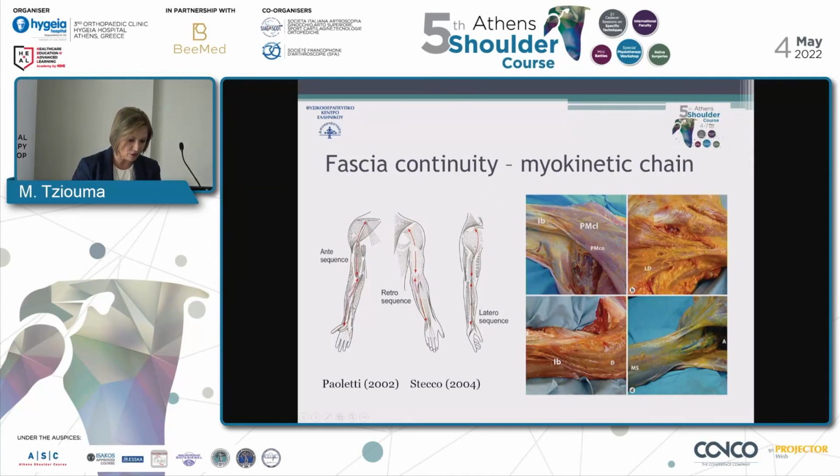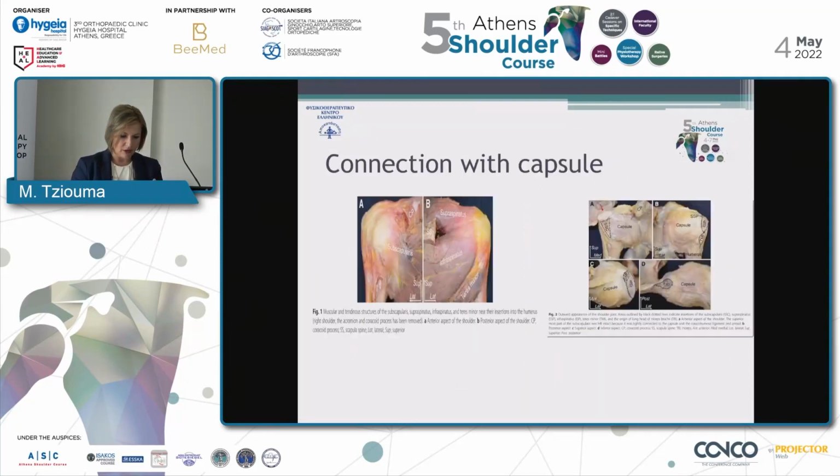Here we can see the continuity and how the muscles go together with each other. Here we can see the connection between capsule and tendons in the shoulder joint. The tendons attach to the capsule, so any force transmits to the capsule.